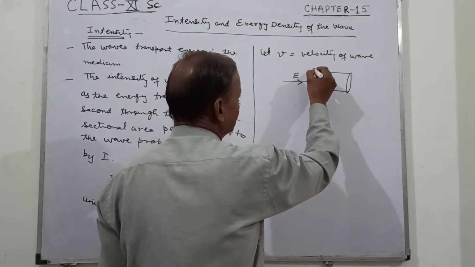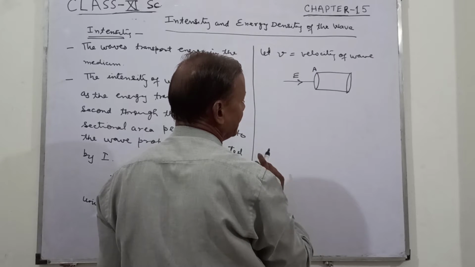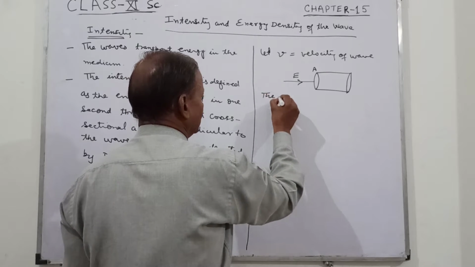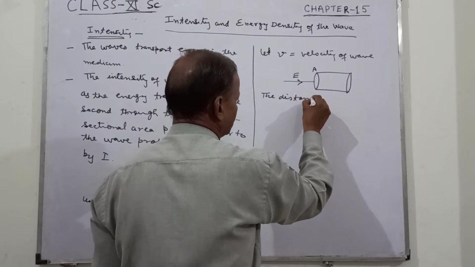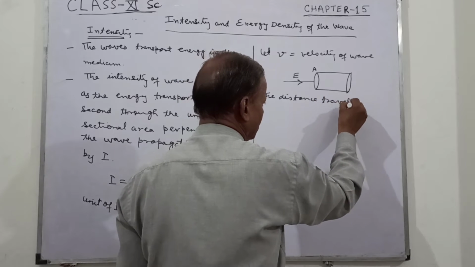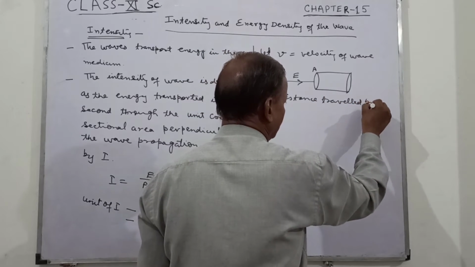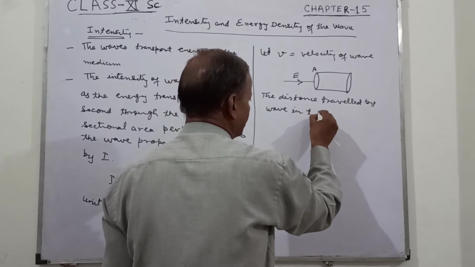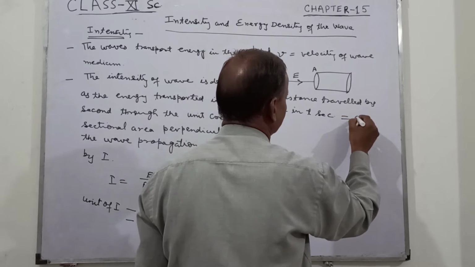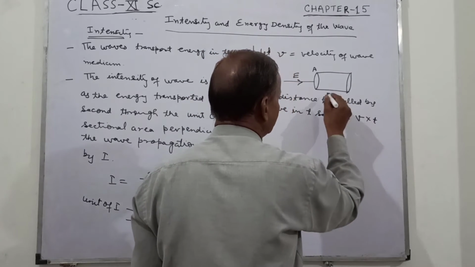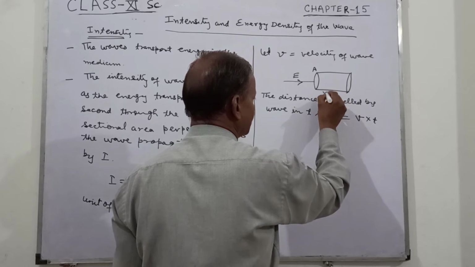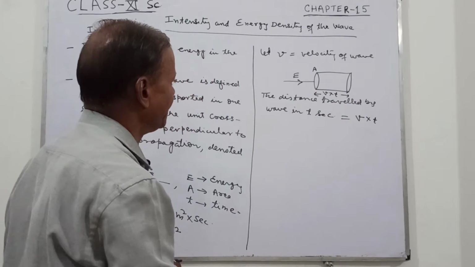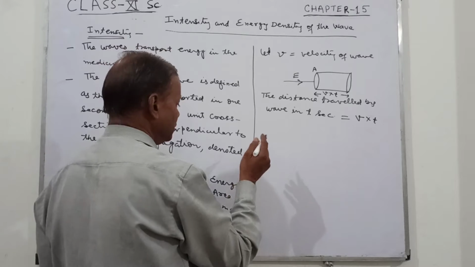This is the cross-sectional area A, and the distance traveled by the wave in t seconds is equal to v into t. So the length of this cylinder is v into t. So now energy.